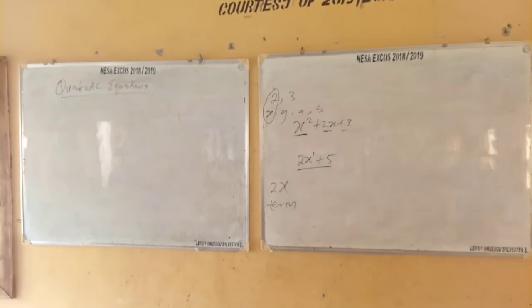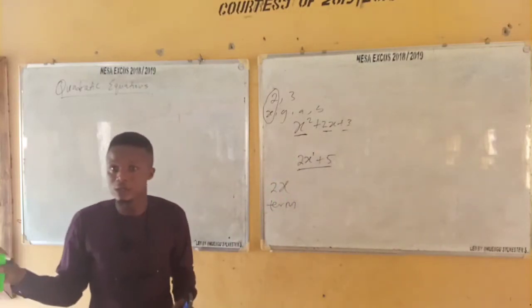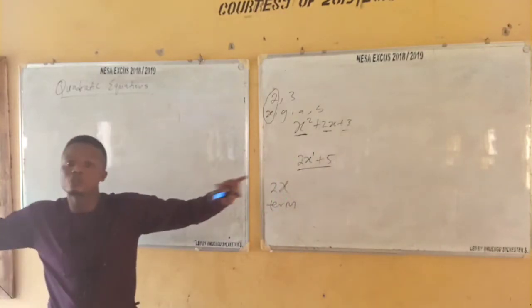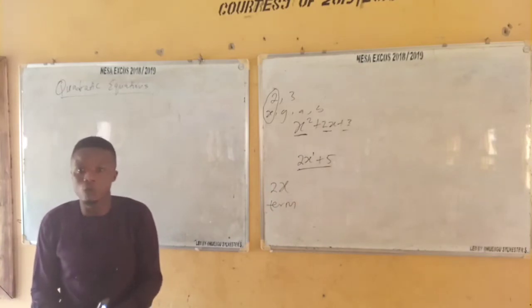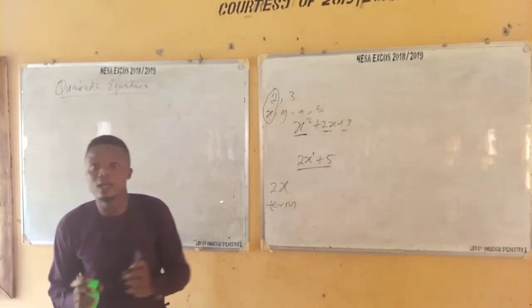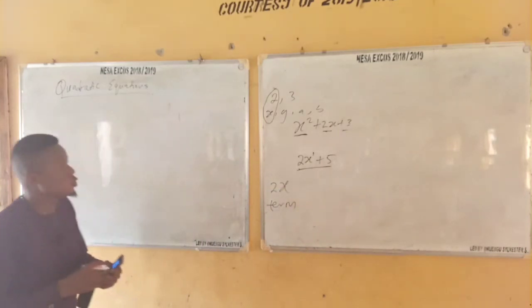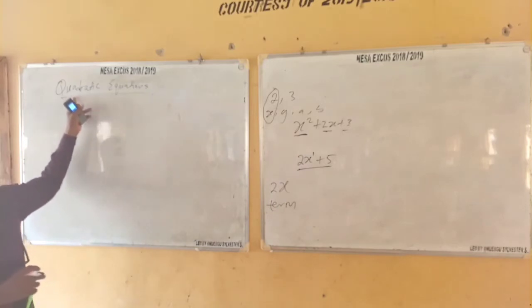So the difference that exists between equations and expression is just the presence of equality sign in what? Equation. So equation tells you that two statements are what? Equal. So any relationship that links 2 or more expressions together is called what? An equation.